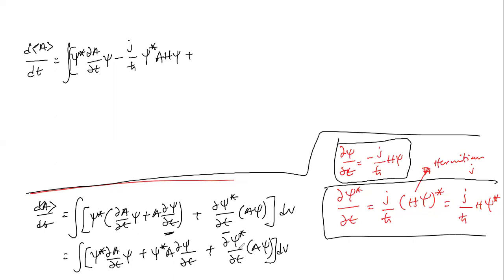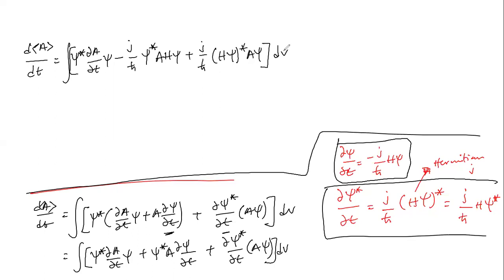Now we have the first time derivative of the conjugate of the state function, which is given as this, okay? Plus j over h cross H psi conjugate, A psi, all dV. Okay?